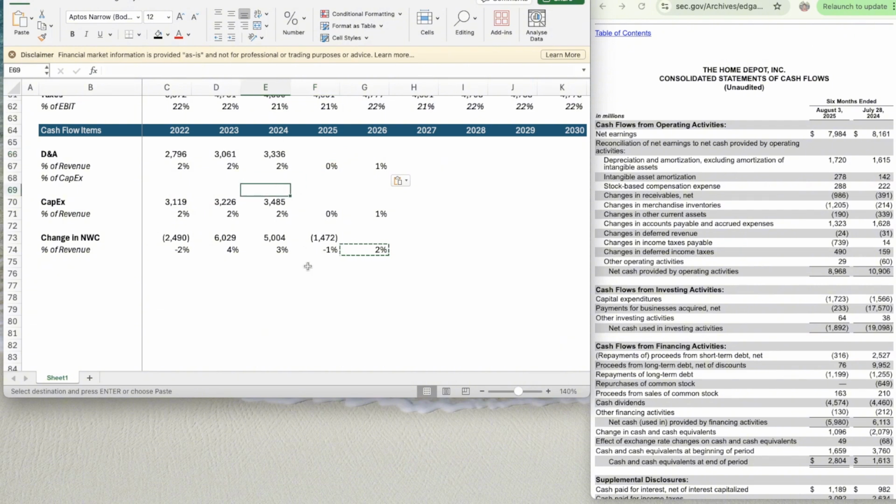So if last year was divided by 1615, 2.06. Okay, so we'll do it at slightly higher, 1720 multiplied by 2.0656.